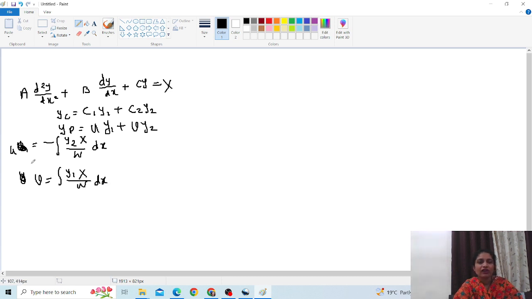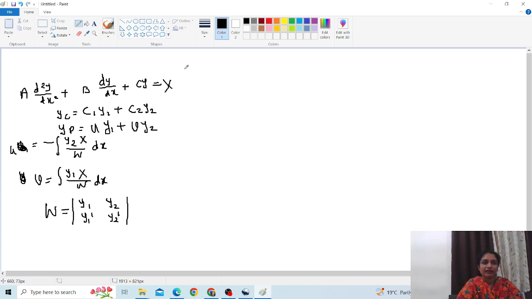So in this way you can find the u and v, put the value of u and v here along with y1 and y2, and you will get the yp. So in this case you can observe here that w is there. So w is nothing but determinant of y1, y2, y1 dash and y2 dash. So y1, y2 already we got it from yc. Let's take its derivative and you can find the w's value. You can put the value of w in finding the u and v.